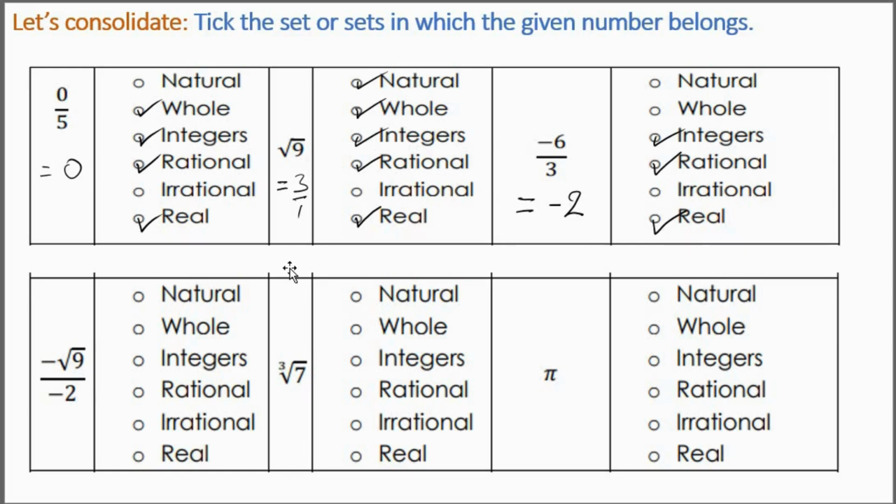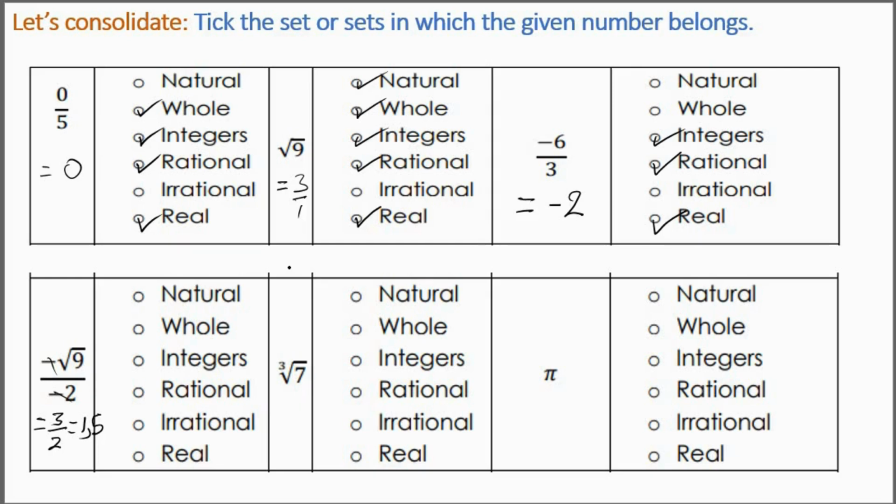Right, we will go on. If we go on to minus root 9 divided by minus 2, the negatives will cancel each other to give us a positive. So root 9, as we know, is 3 over 2, which will give us 1,5. So this fraction is terminating. Is it a natural number?